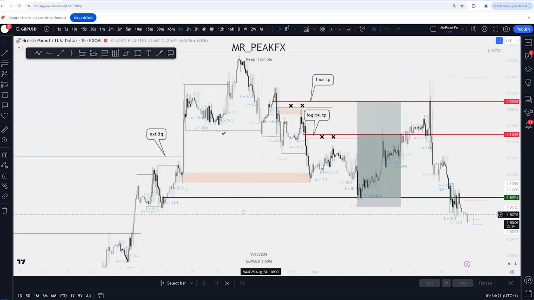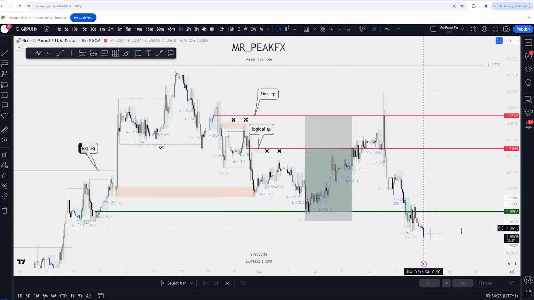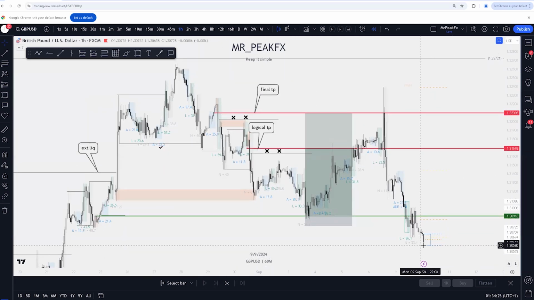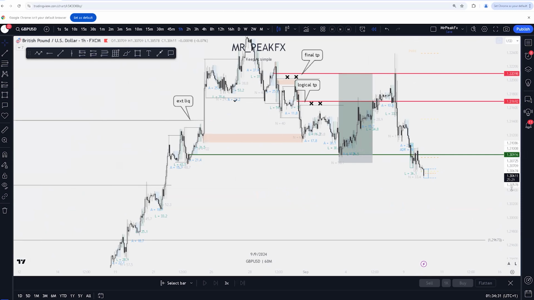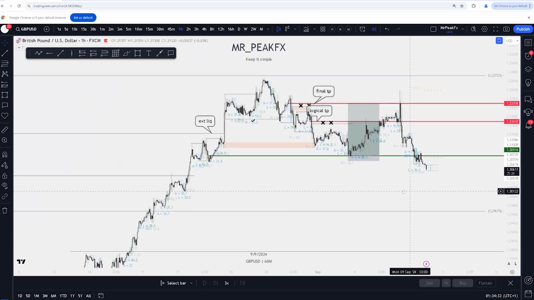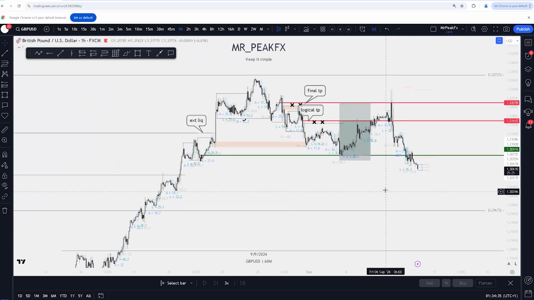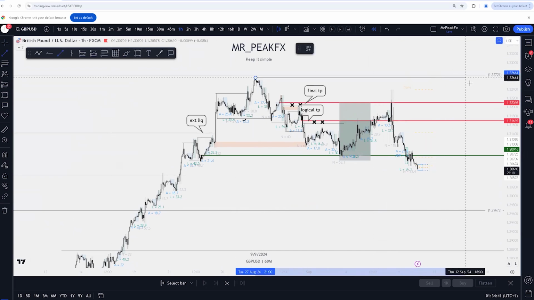So this is where price is currently, and we're in the weekend. When we resume, we'll probably look for ways to keep selling price until we get to good areas where we can start looking out for buys, or maybe major buys to come and take out this next external liquidity, depending on what price gives us.